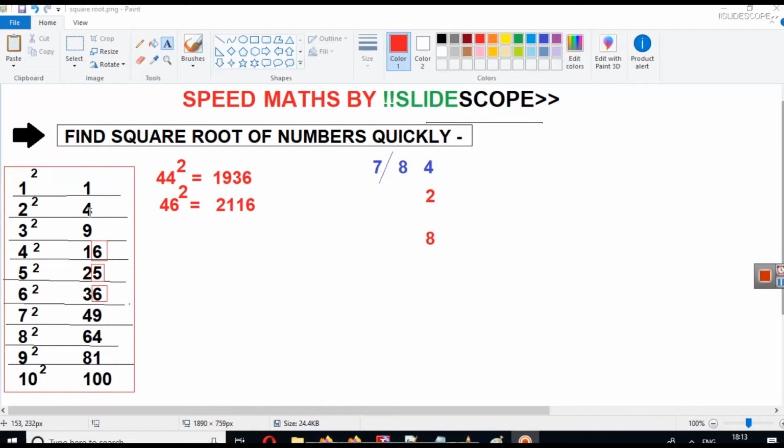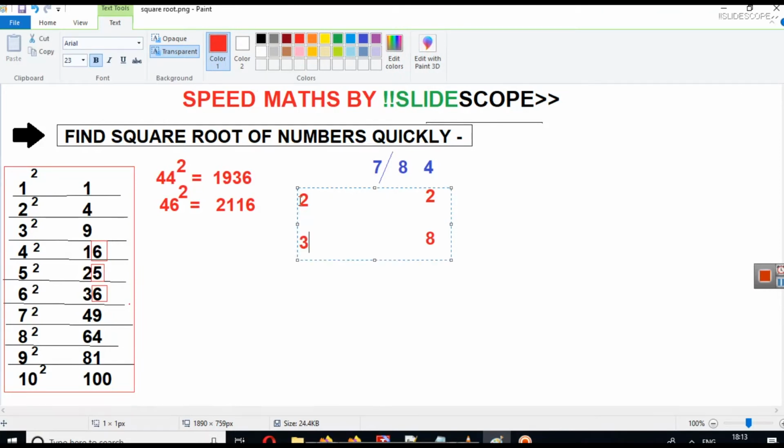You will find 7 between 4 and 9. So the two numbers are 2 and 3 for us, right? Because 2 squared is 4 and 3 squared is 9. So you will find 7 between 2 squared and 3 squared. So again you write 2 here and 3 here.